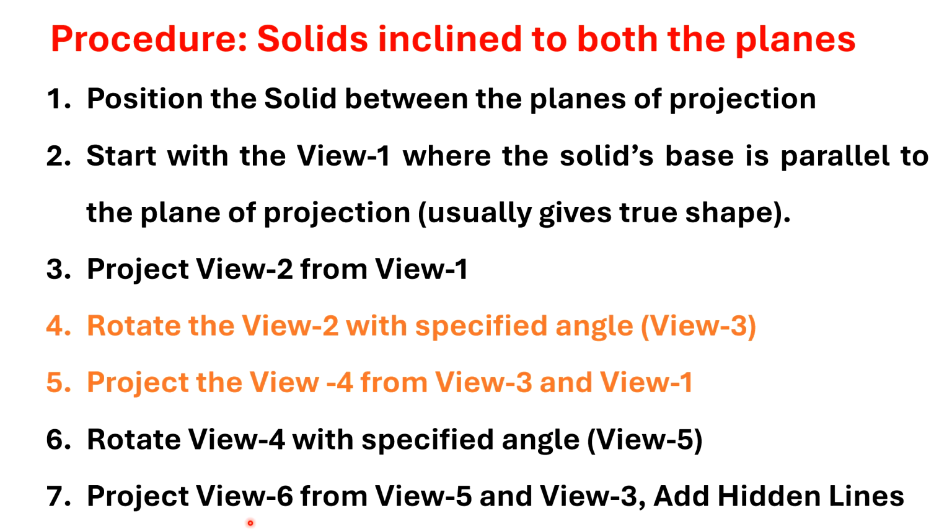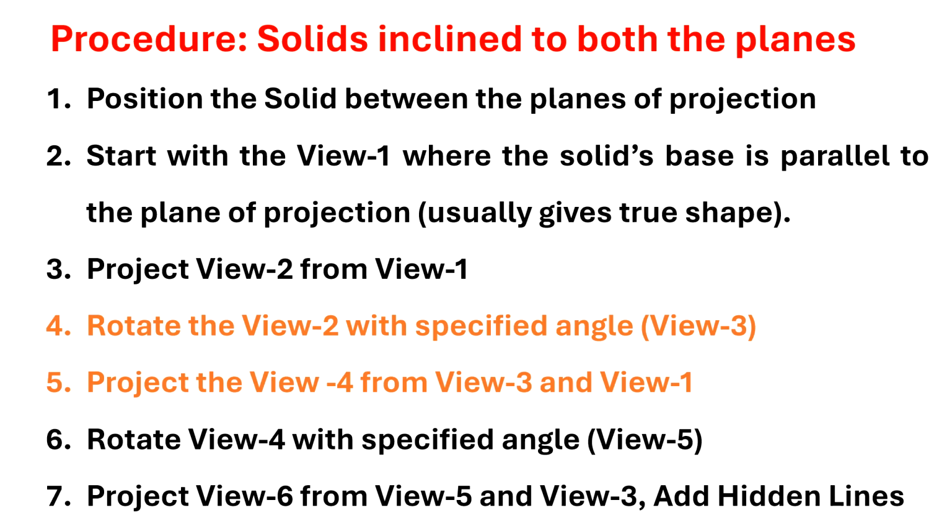Finally, we project view 6 from view 5 and view 3, and we also add the hidden lines. Not only in step 6 but even in step 4, we need to add hidden lines if they are there. In this video, I will also explain the hidden lines concept, how to identify the hidden lines.